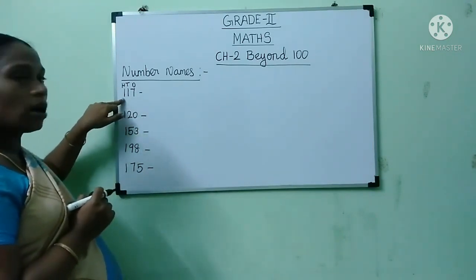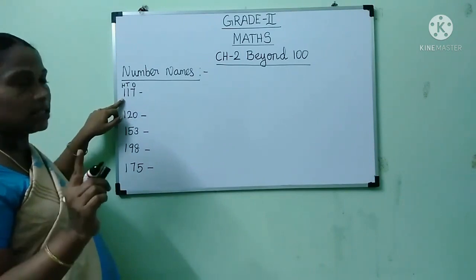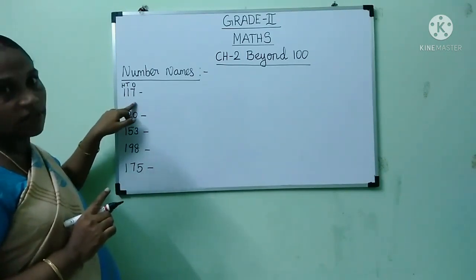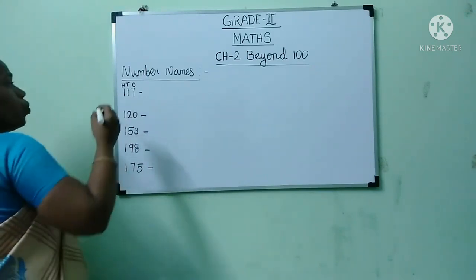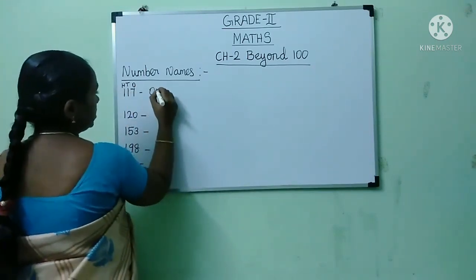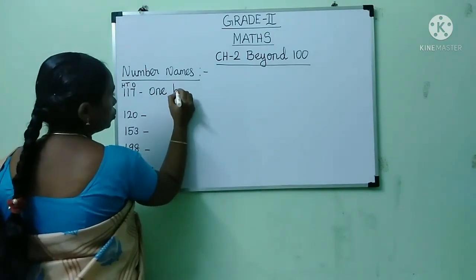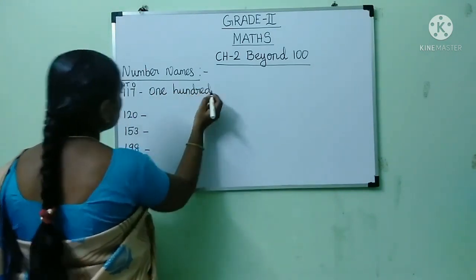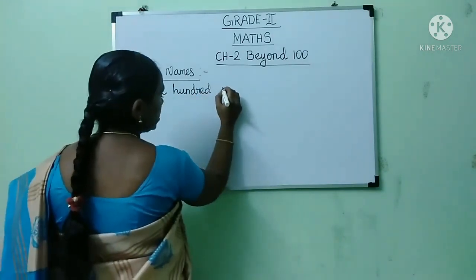117. You have how many hundreds? How to read 117? O-N-E, 100. H-U-N-D-R-E-D, hundred. What is the spelling of 17?